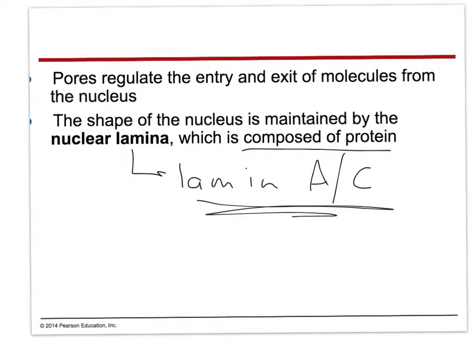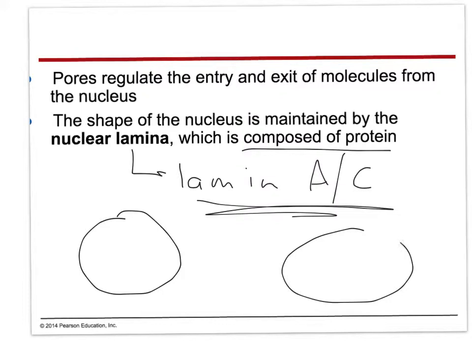So if I had two cells, one cell here, one cell there. One is what we call wild type. It has two copies of it. And we have one that's like the knockout, this disrupted lamin gene. It doesn't have the lamin gene. What do you think is going to happen? What's that cell going to look like, knowing what the lamins do?